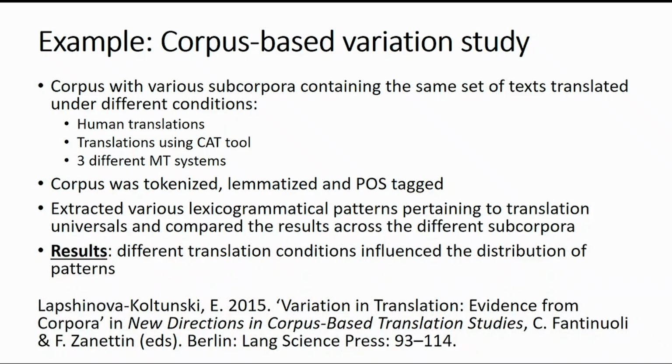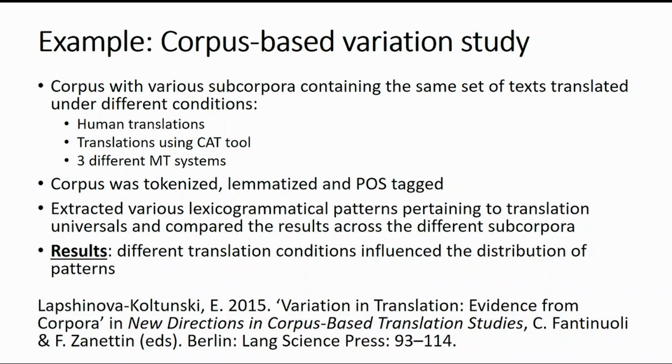and were able to then analyze the corpus looking for lexicogrammatical patterns that pertain to the translation universals suggested by Lynne Bowker. And they compared the results across the different subcorpora. Which patterns show up when you have a machine translated version, this particular MT tool, which patterns show up when you've used a translation memory or when you've used no technology support to do the translation.